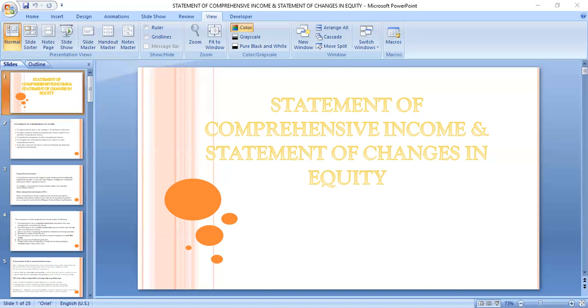Then the other comprehensive income, and we have comprehensive income for the period.